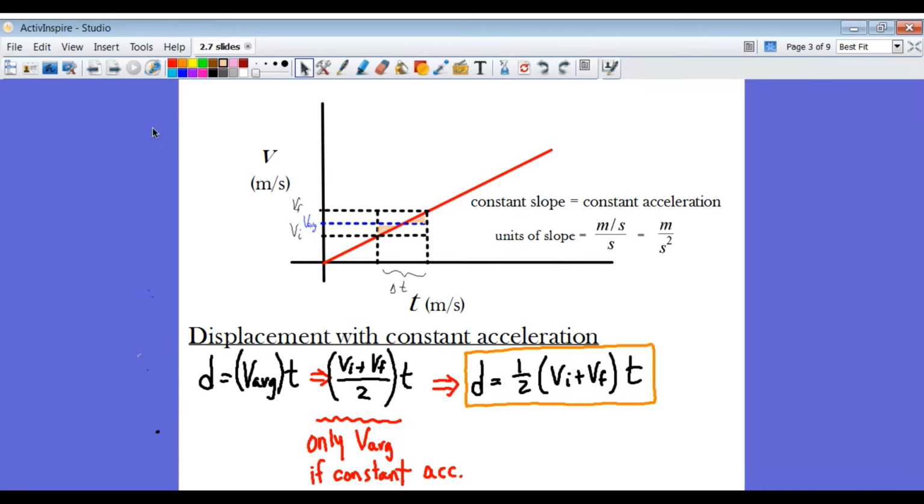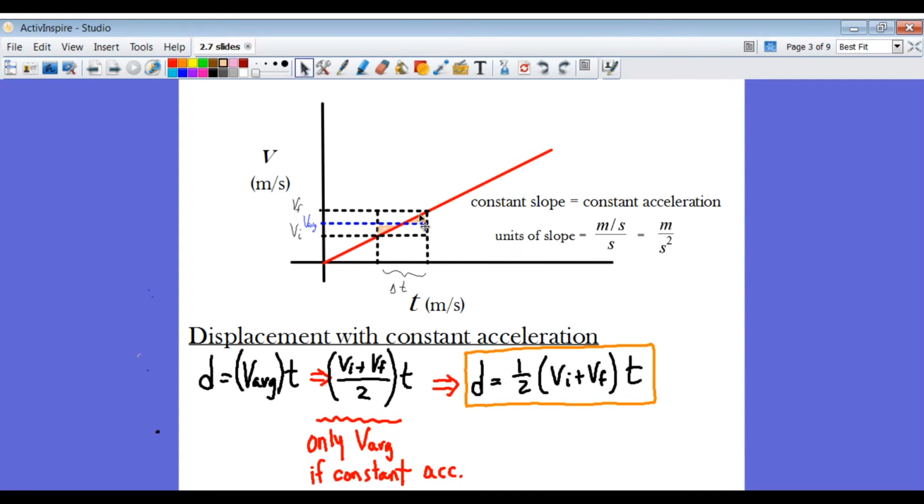Okay, let's look at another example. The definition of average velocity is displacement divided by time, so we'll rearrange that to say displacement is equal to average velocity times time. Now here's where we see that this is only valid for constant acceleration, because my average velocity is the average of the initial and the final velocity values.